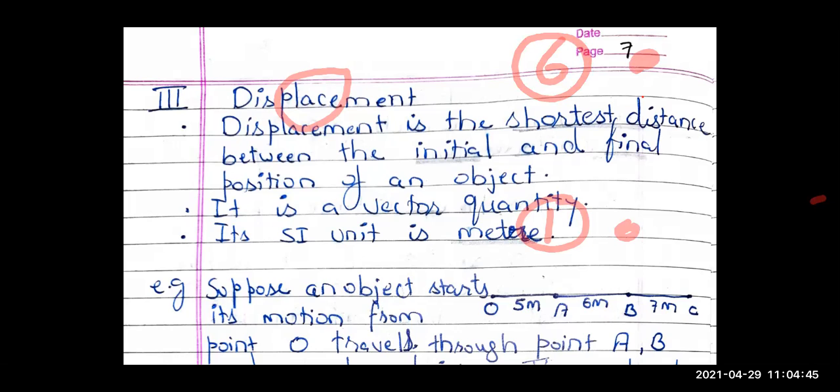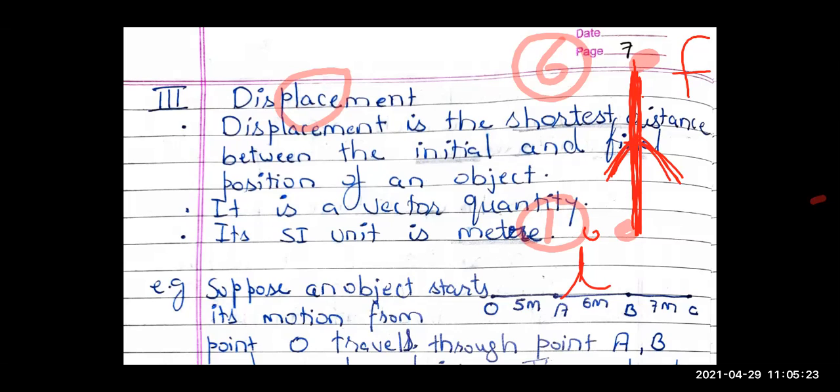Your initial position was here. This is I, initial position. And final position was this, that is F. So displacement is nothing but the shortest distance between the initial position and the final position. So this shortest distance between the initial and the final position is your displacement. Got it? And displacement is always from initial to final. So it has direction, right?